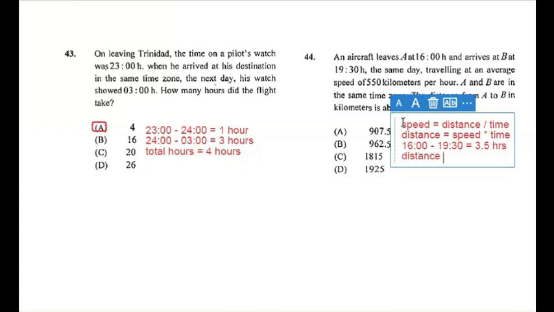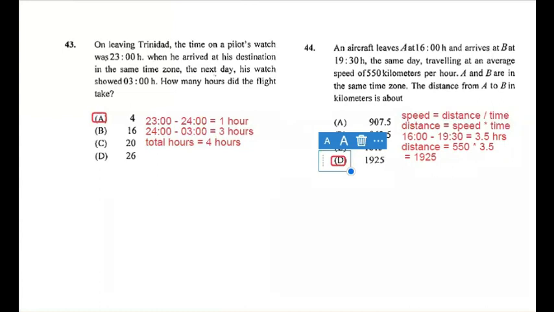So distance is equal to speed 550 multiplied by the 3.5 hours, and when you work that out, your answer will be 1,925 kilometers, and that is our distance. So our answer is C.